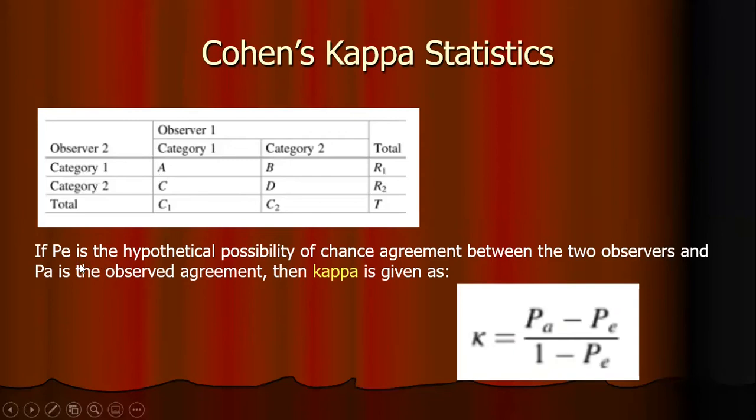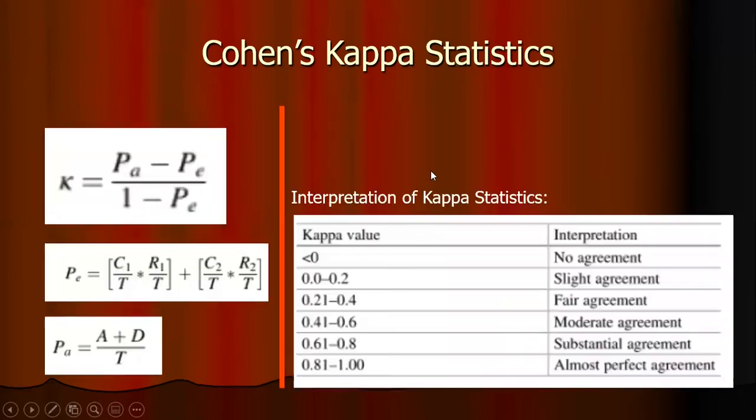If PE is the hypothetical probability of chance agreement between two observers, and PA is the observed agreement, then kappa is given by this. So kappa is a measure of agreement between observer 1 and observer 2. This is the formula for kappa where PE is given as this and PA is given as this if data is tabulated in such a manner.